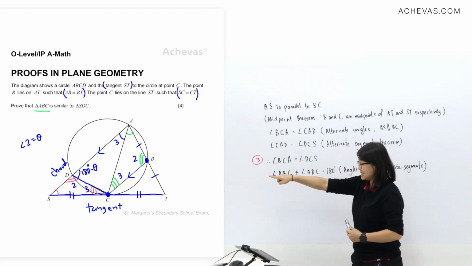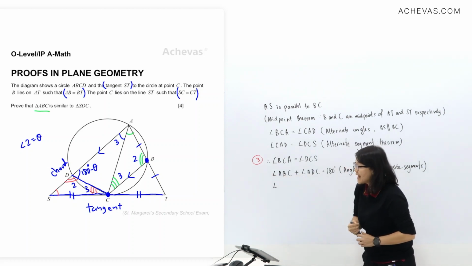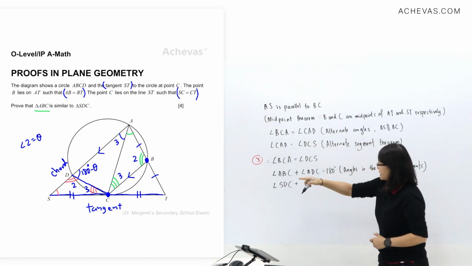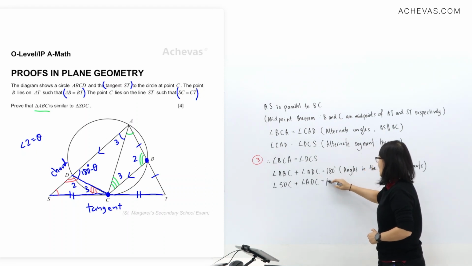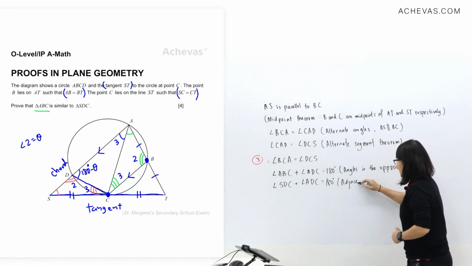Next, let me take a look at the other two. So I have this angle in red, number 2, STC, adding with angle, the same here, ADC, will be equal to 180. These are adjacent angles on a straight line.